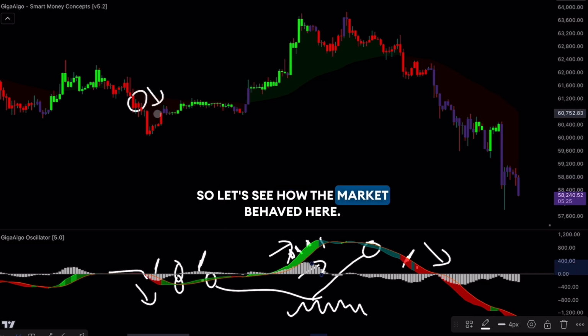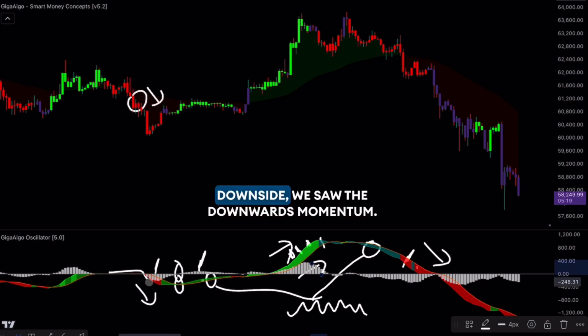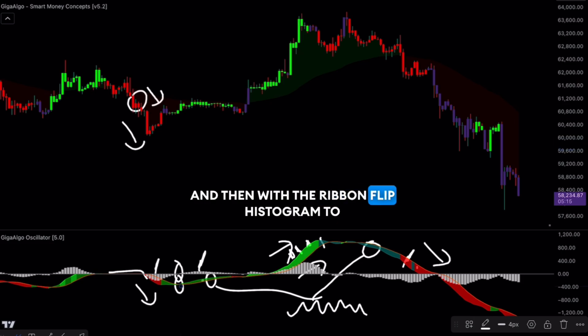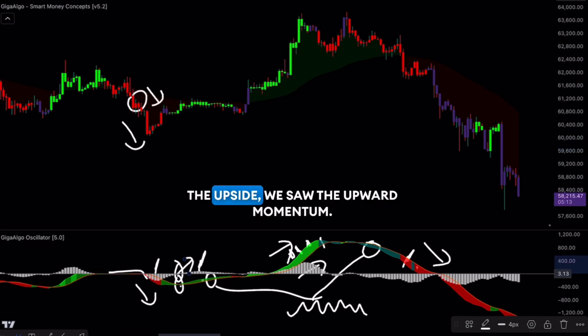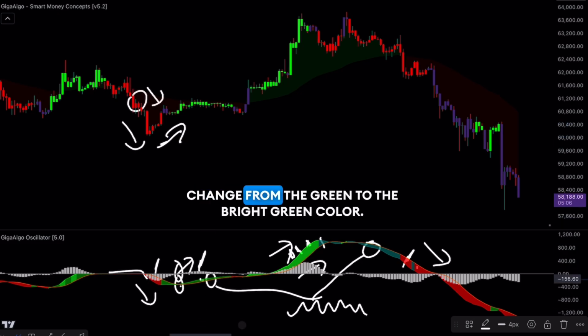So let's see how the market behaved here. With the histogram on the downside, we saw the downwards momentum, and then with the ribbon flip, histogram to the upside, we saw the upward momentum, and we should wait for the ribbon color to change from the green to the bright green color.